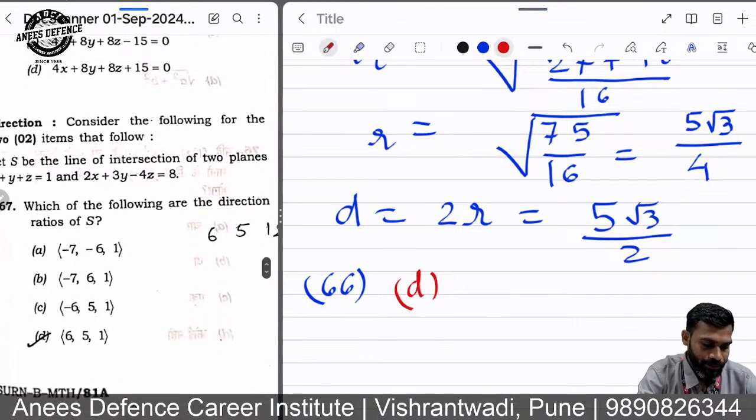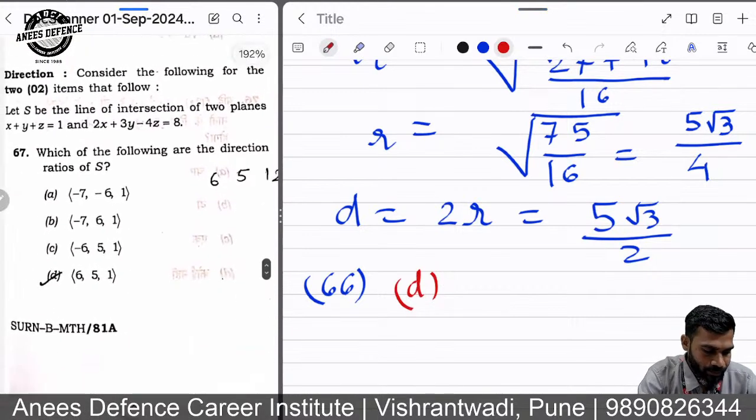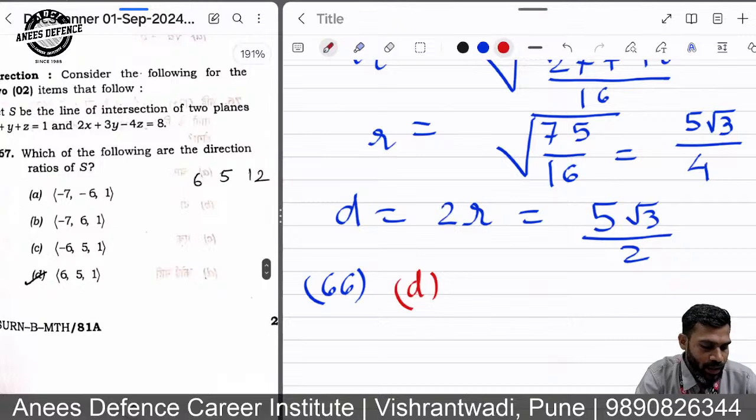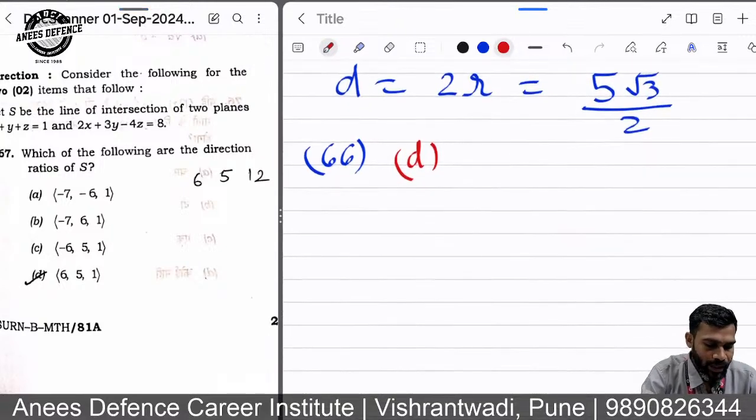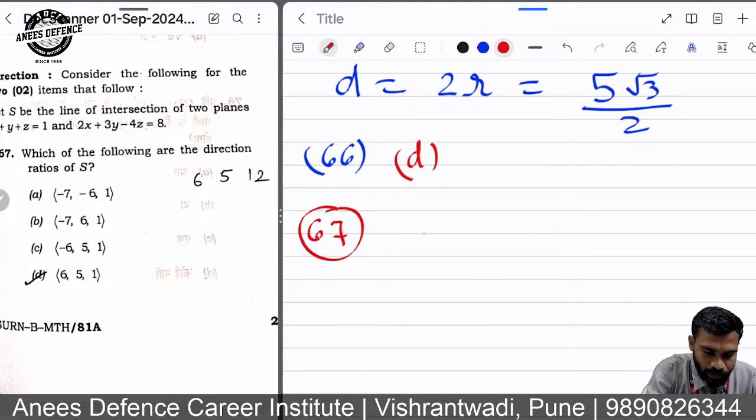Okay, next. Number 67. S is the line of intersection of two planes. We have got plane number 1 and plane number 2.